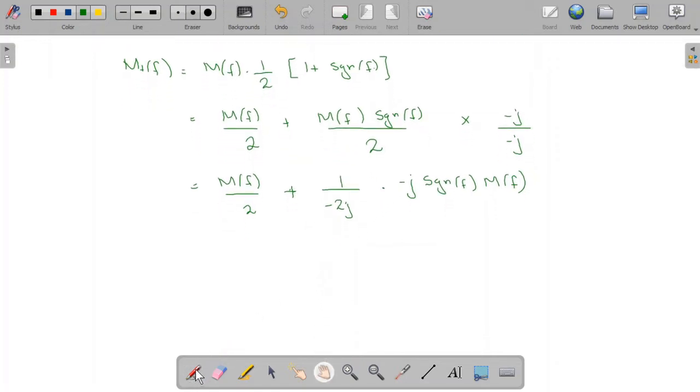Now if you remember this term, this is actually my Hilbert transform studied in the previous lecture. So this is the Hilbert transform of the message signal, which is mh of f. In place of this, I can write mh of f.